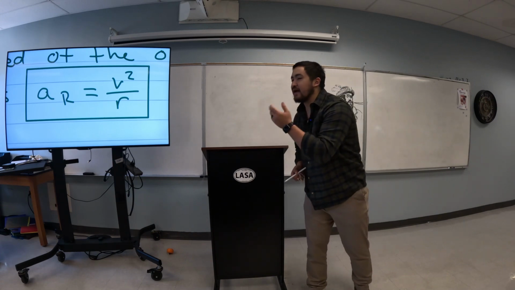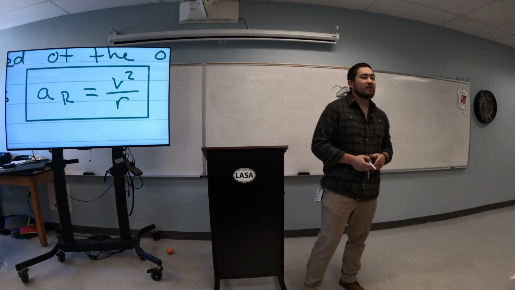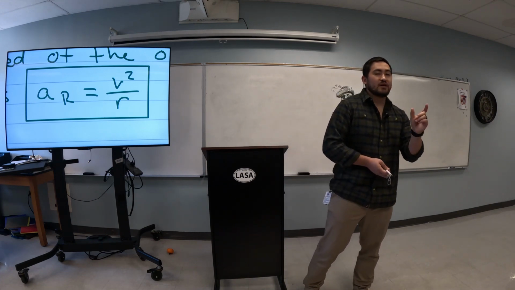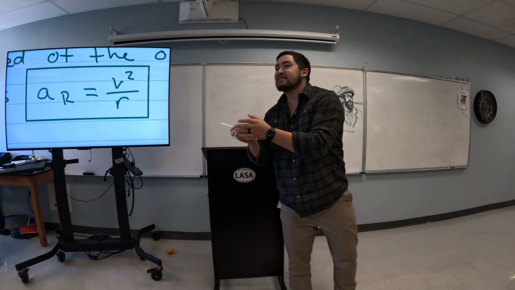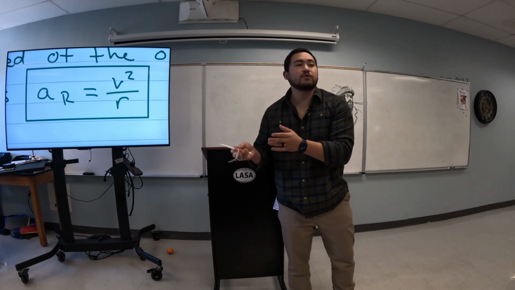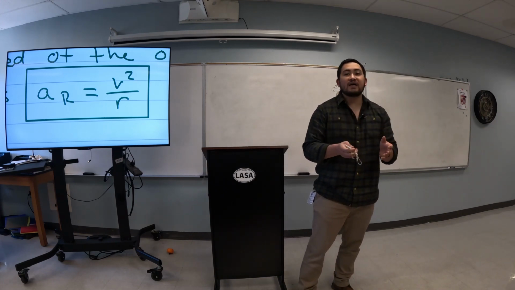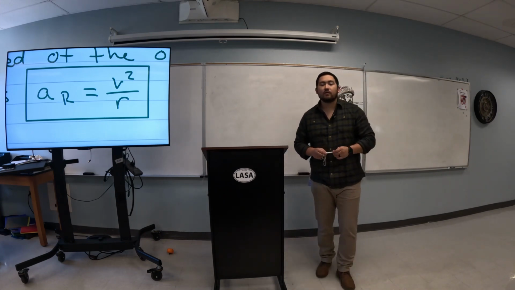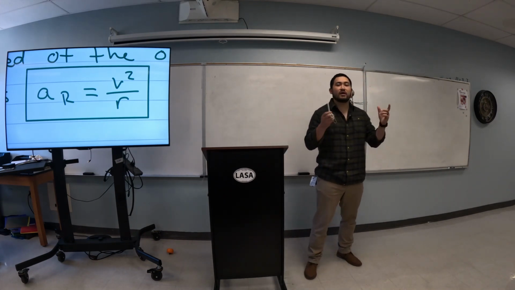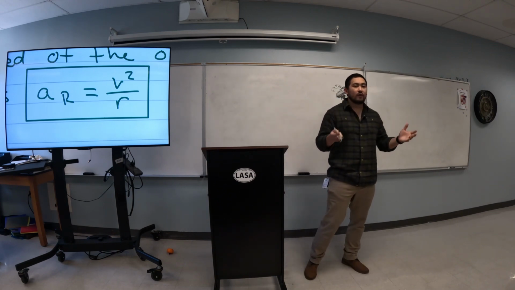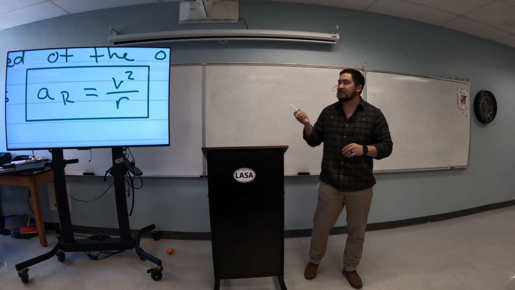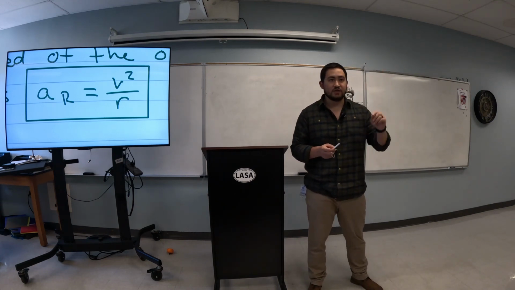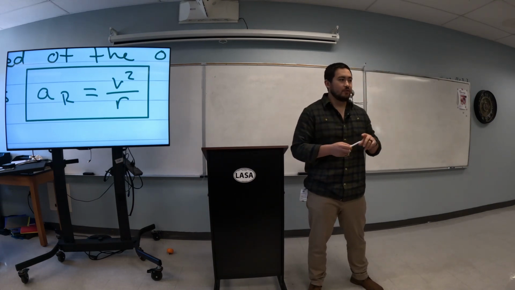The result is that if we have an object in uniform circular motion, then that object has centripetal acceleration equal to its velocity squared divided by the radius of its circular motion. Remember, uniform circular motion assumes constant speed throughout its path. So that velocity is really just the magnitude of its velocity. We're not concerned with what direction it's facing at any specific point.